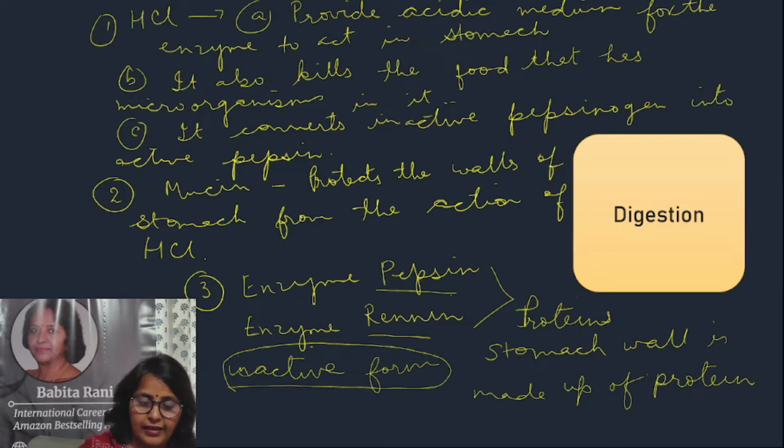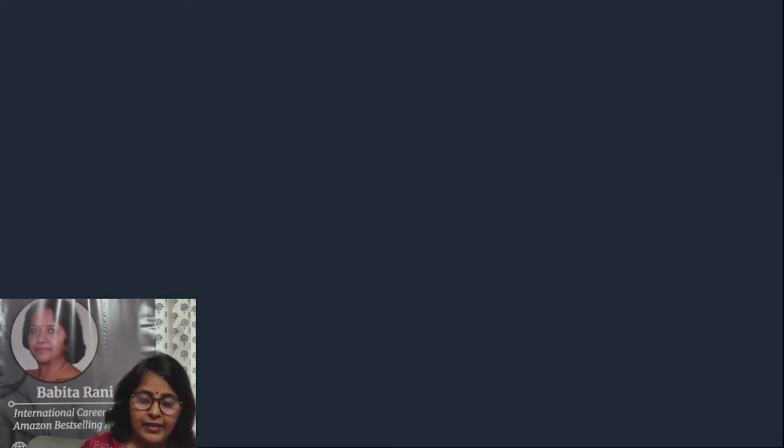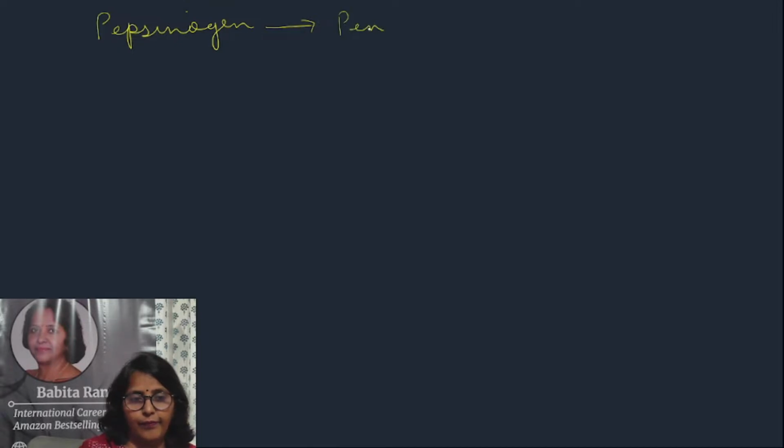The inactive form of pepsin is known as pepsinogen, and that is converted into pepsin by the action of HCl, and inactive renin is converted into renin with the help of pepsin.